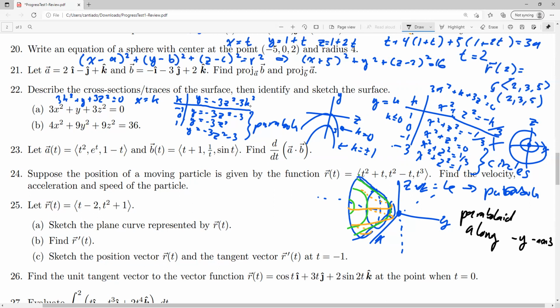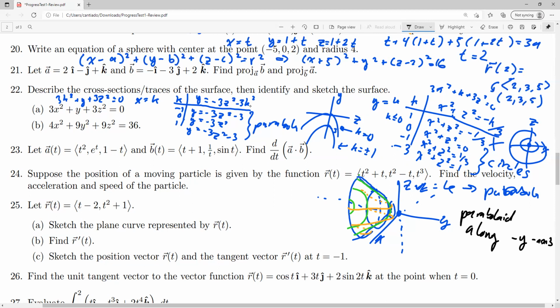So if there's ever a single term variable, write the equation solving for that. So y is in terms of z. We realize that y is in terms of z, some power of z squared, right? That's a parabola. We know that. And when we change k, we realize it just shifts a bit. And then when we set y equal to k, we'd get 2 variables squared, and we realize that's just a circle with a different radius, right? And if you did z, you'd realize it'd be similar to when we set x equal to k. You get a parabola again.